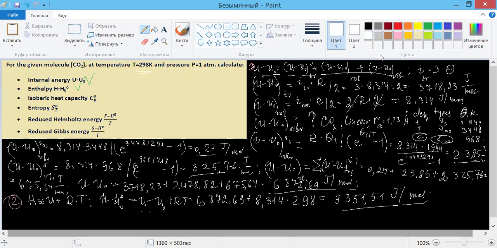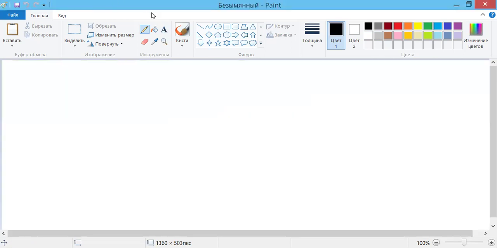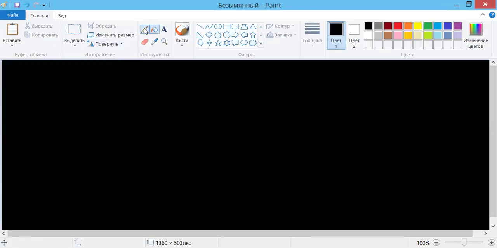And now we are about to start the third, which is about the calculation of isobaric heat capacity. So I need more space. One second, please. Okay, it's going to be the third point of our calculations.